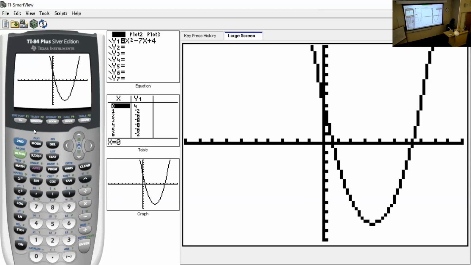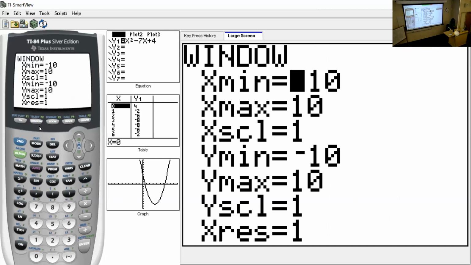Pay close attention. It will save you a lot of time later when we get to exponential, logarithmic functions, etc. Any thoughts on what min is? Minimum. Max? Maximum.